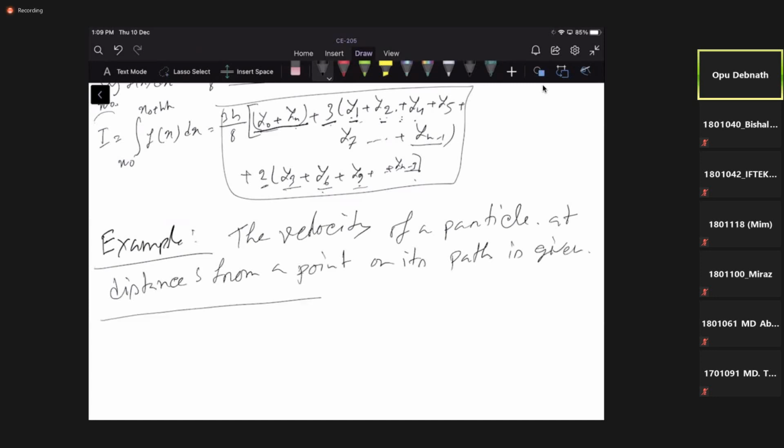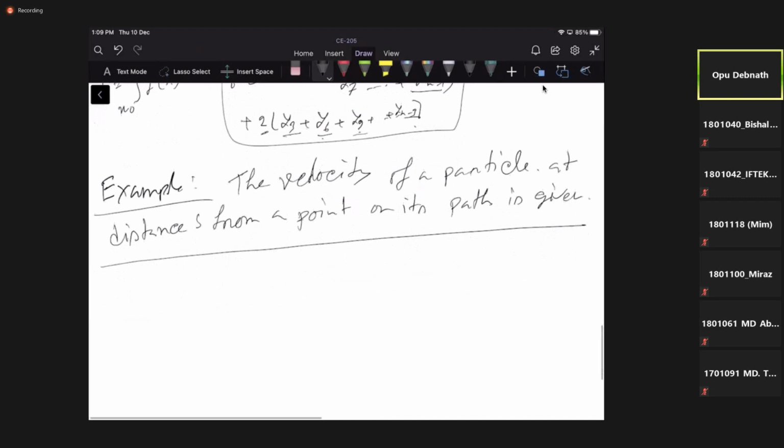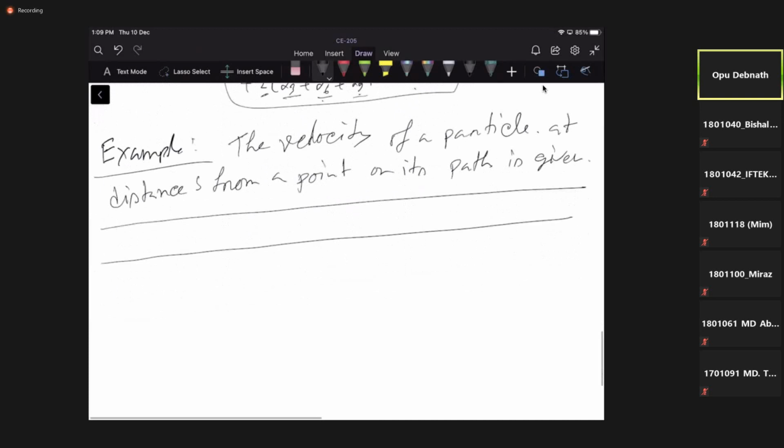Here you will find tabular data like this: distance versus velocity in feet units. This is the distance, and the velocity in feet per second. Okay, this is your data.